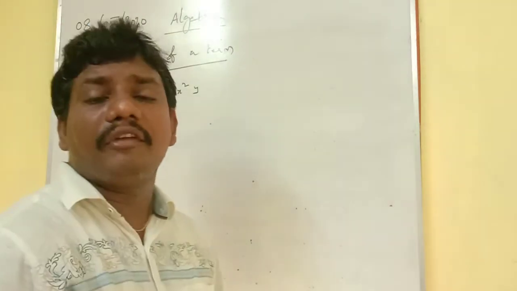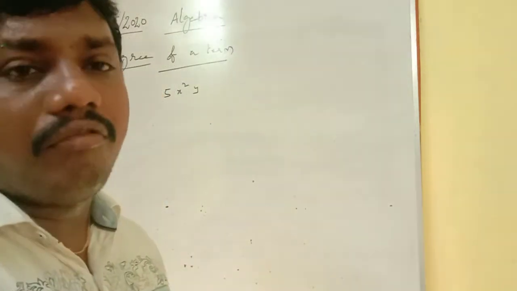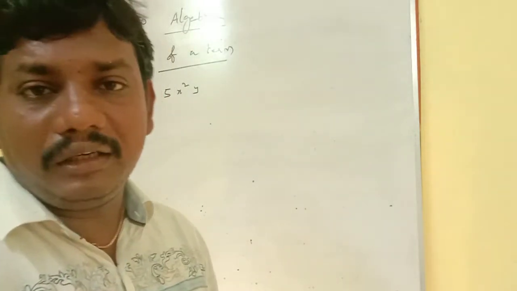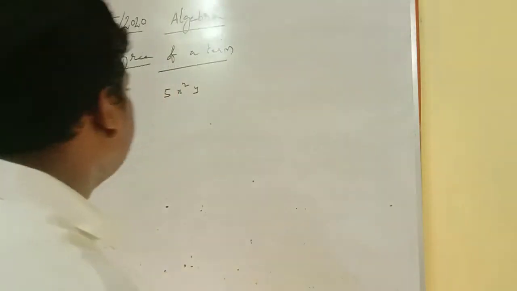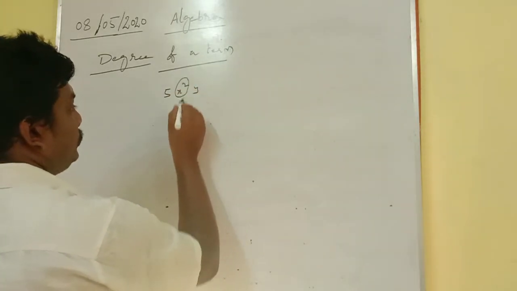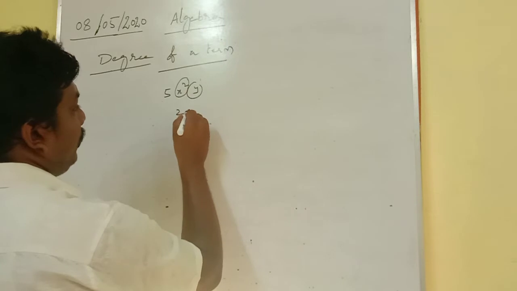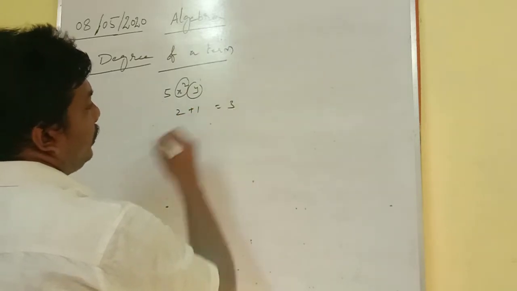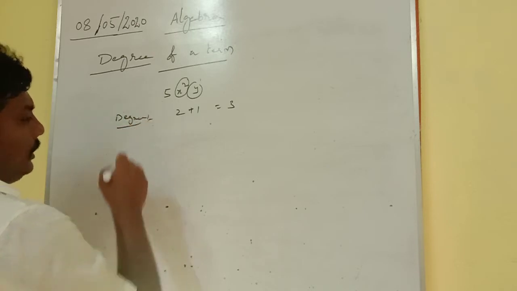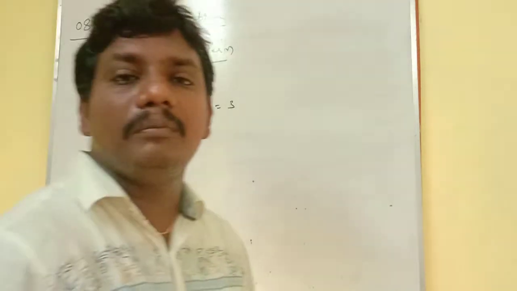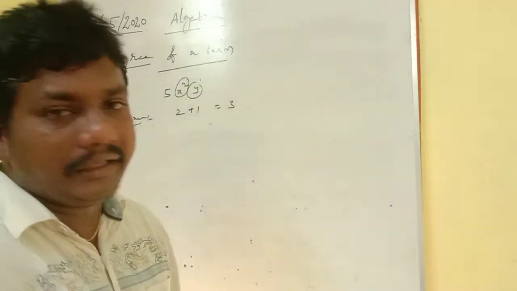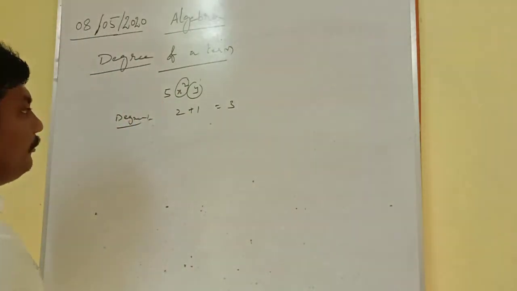The sum of variable powers of a given term is the degree of that particular term. Here the power is 2, here the power is 1. The sum of variable powers we can consider as the degree of a particular term.